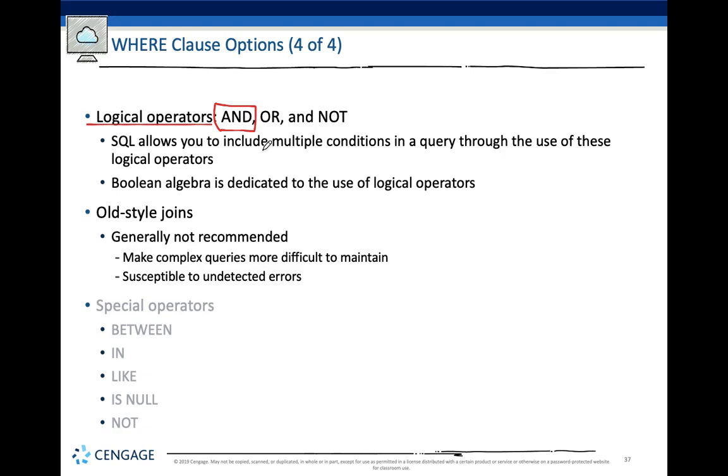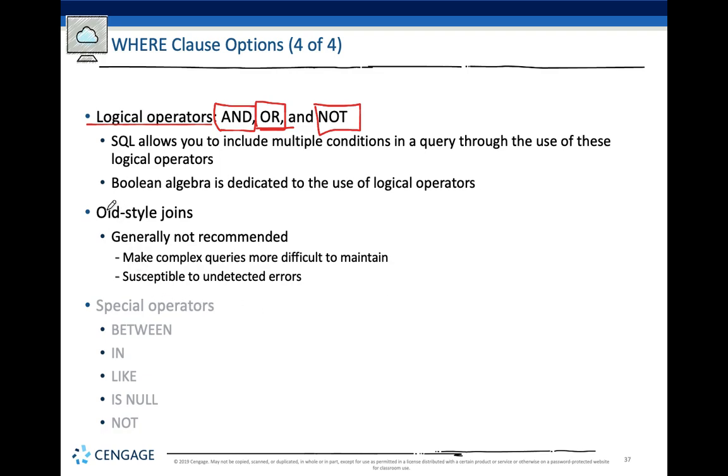Condition 1 and condition 2. The OR operator can be used to specify 2 conditions, either of which is true, then you want to return that row, right? So condition 1 or condition 2 can be specified using the OR operator and the NOT operator. So where condition 1 not true or not condition 1, and so on. Right? Let's take a look at a few examples.